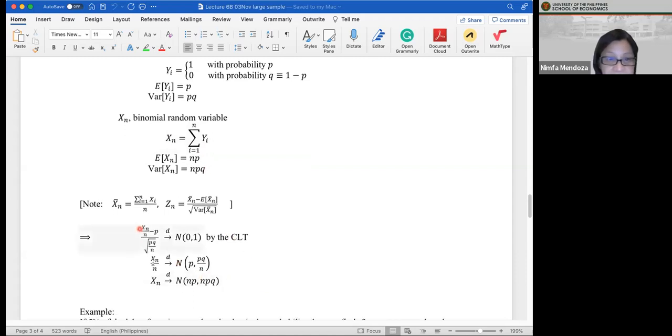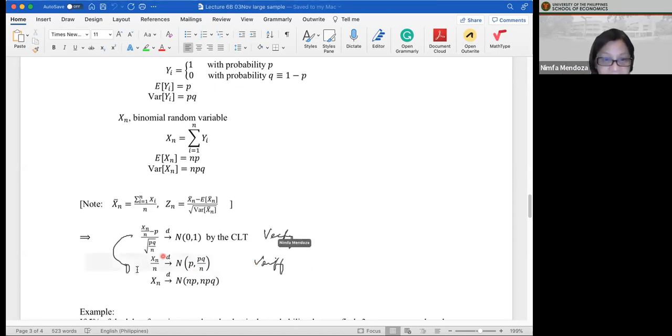Then you can manipulate this. Then you would have x sub n over n being normally distributed with mean p and variance pq over n. So from this line you go to this. Again, verify this.